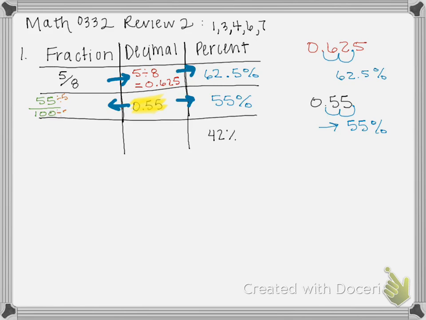If it ends in a 5 or a 0, then you can divide out a 5. So 55 divided by 5 will be 11, and 100 divided by 5 is 20. And then if you check 11 over 20, they don't have any other common factors but 1. So you have your result here.